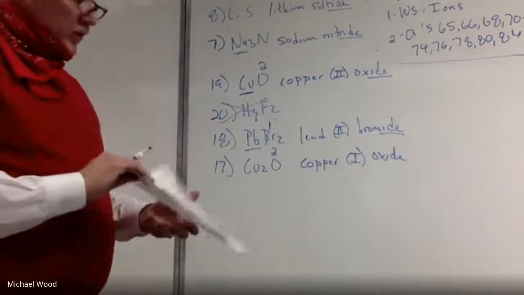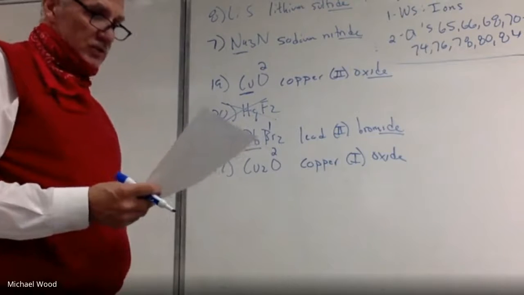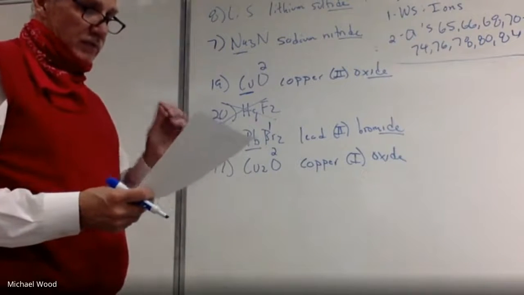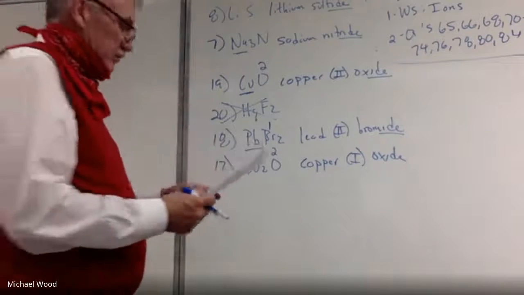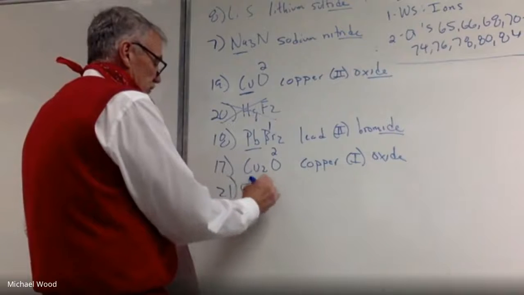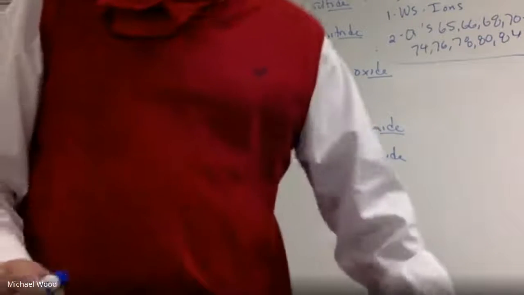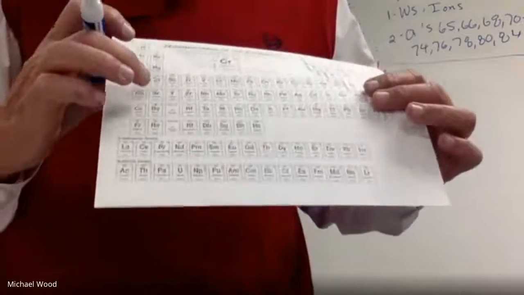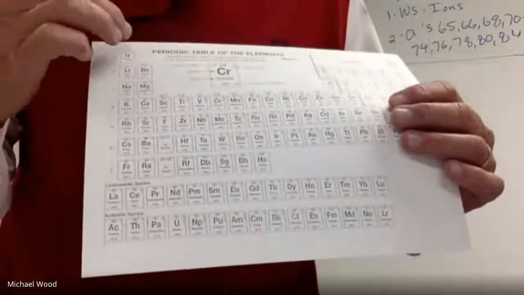Okay, so 9 through 19 are going to be type 2s, and then take out 20, and then I try and mix them up. 21 through 30 is a mix of type 1s and type 2s. So 21, so I've got SrBr2. So again, it's all based off the first element in the formula. So if I go here and I look up strontium, strontium is right there, which is in the category of a type 1.